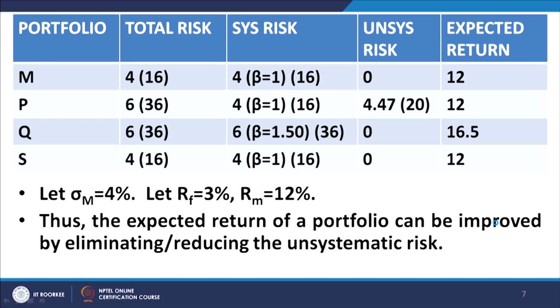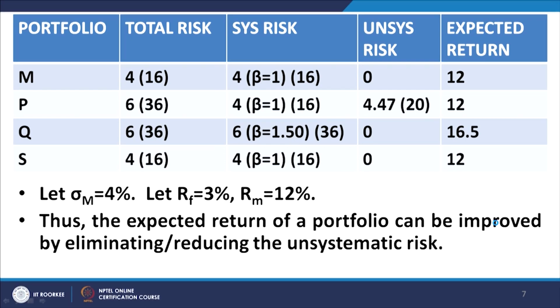And on the premise of RF being 3%, we arrive at an expected return of 12% on the market portfolio. Then we had an arbitrary portfolio P, which had total risk of 36% square and which had systematic risk of 16% square and an unsystematic risk of 20% square. And because it had a systematic risk equal to the market, it was giving you the same expected return of 12%.